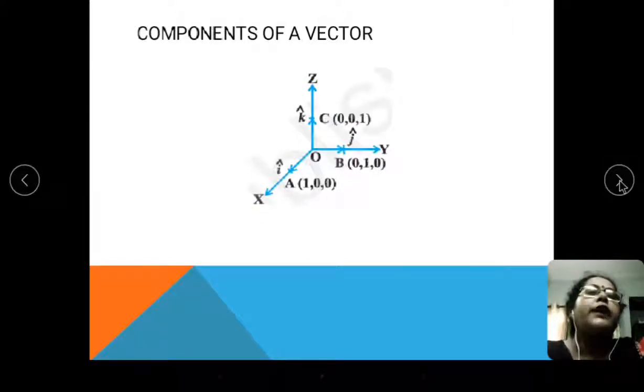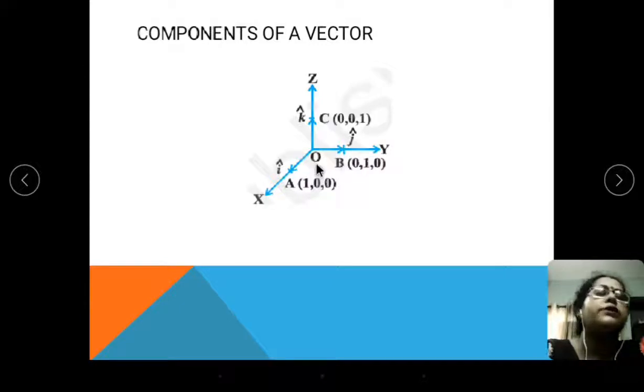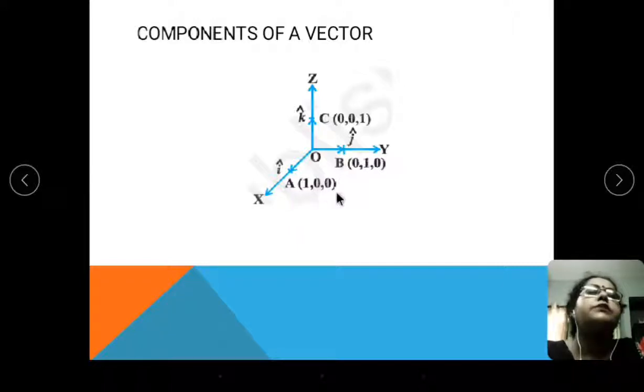So here we have a three-dimensional coordinate system given by rectangular coordinates x, y, z. O is of course the origin. Now see in this figure that suppose A is the point with the coordinates 1, 0, 0. What does it mean? This obviously means that the length OA is 1.